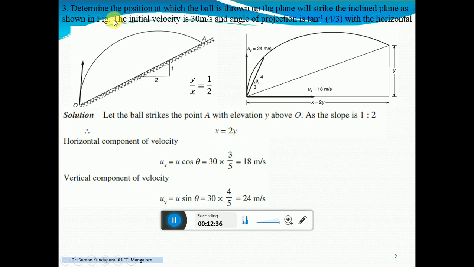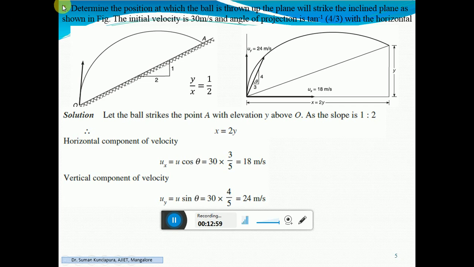Now what are they asking you? They are asking you to determine the position at which the ball thrown up the plane strikes. Position means, in any plane, its x and y point. A point is represented by x comma y.